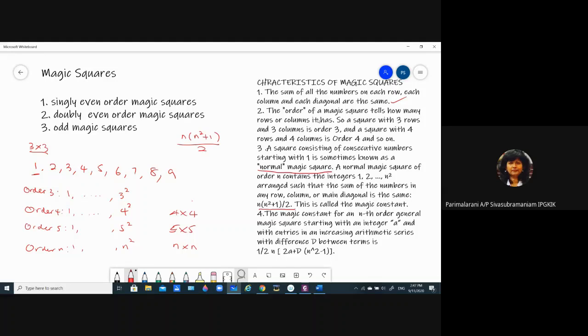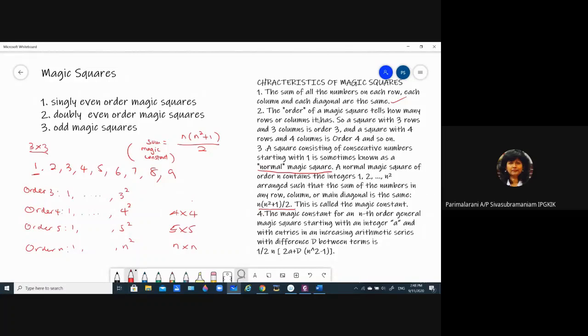This is the sum of all the numbers in each row, each column and each diagonal for a normal magic square. This sum is also known as the magic constant.